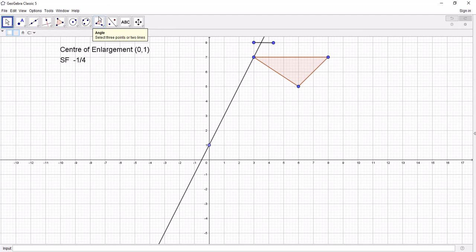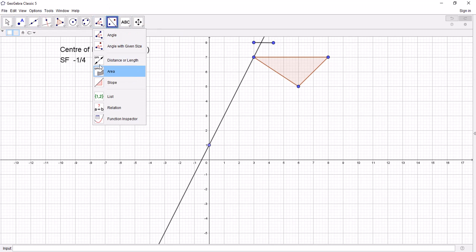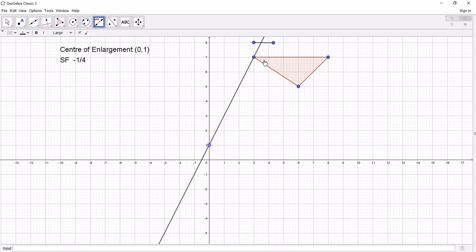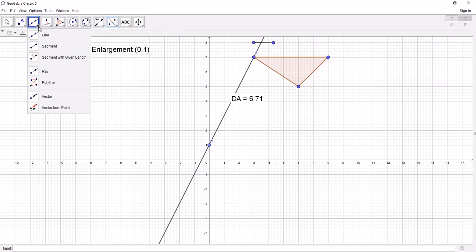I'm going to measure the distance from my centre of enlargement to my point A, and that's 6.71. Now on my calculator I'm going to divide 6.71 by 4, and that gives me 1.6775.